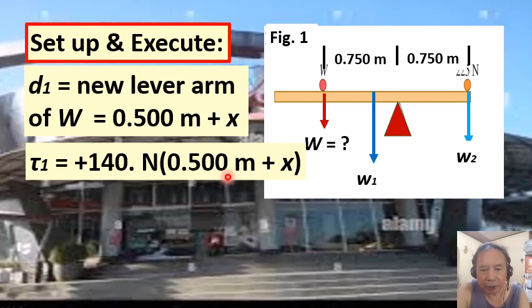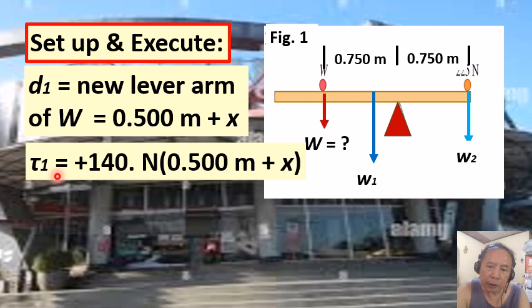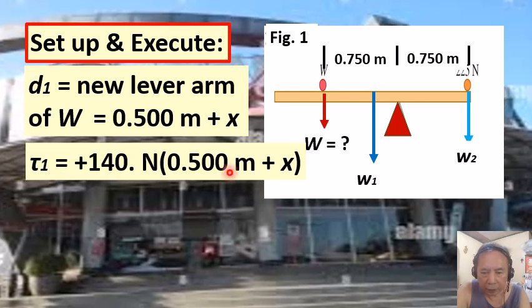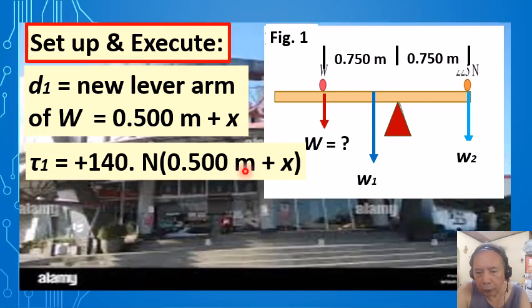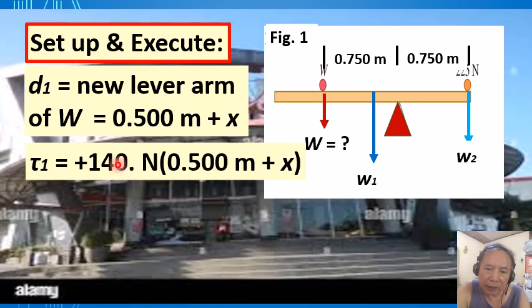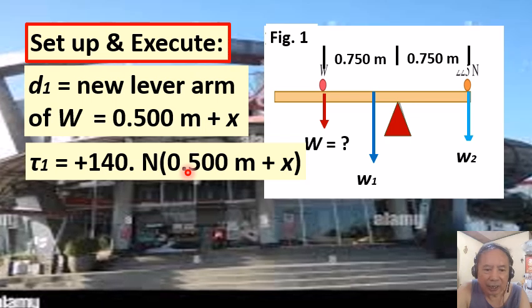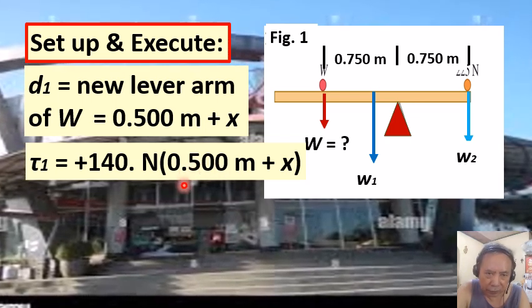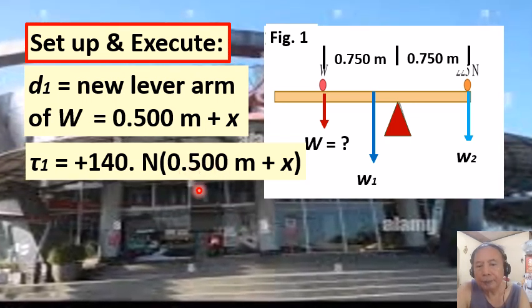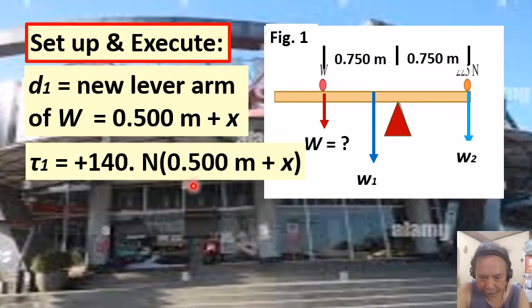The product will now become the new torque produced by the weight W. And since it still has the tendency to make the rod rotate counterclockwise, we assign it as positive torque.